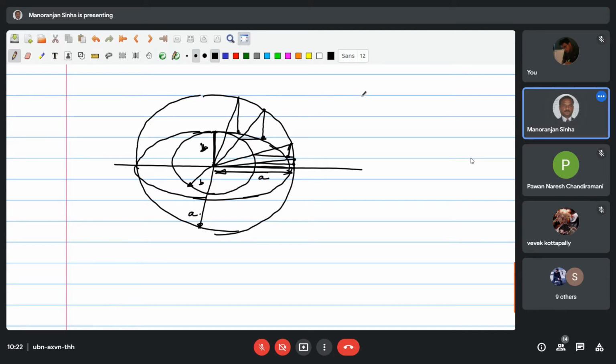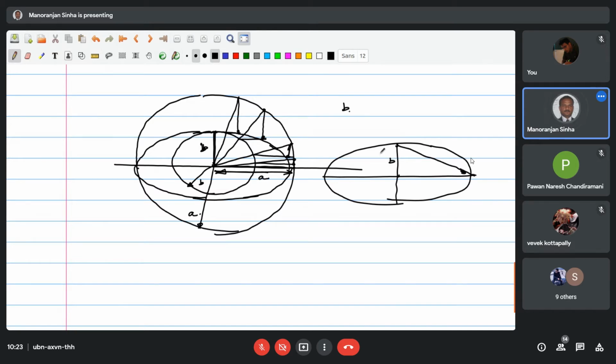Now, already we have calculated this b using the information that this is b. From this point to this point, this quantity is a, and from here to here, this quantity is also a.